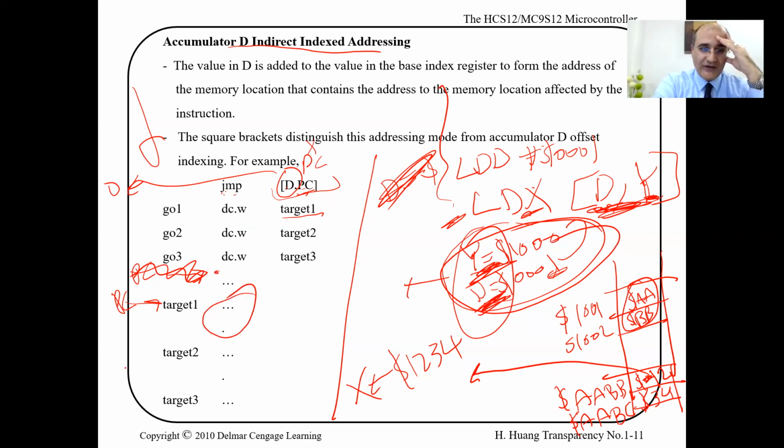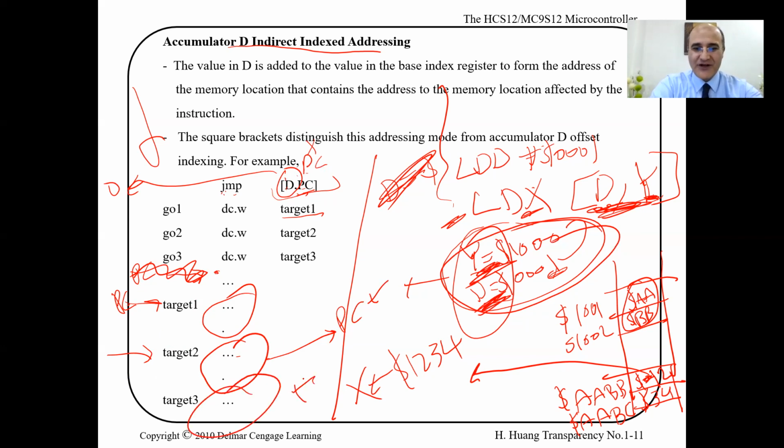If D was 1, I'm going to add the contents of the program counter that is pointing here plus 1, here. You get this address as your new target of program counter. If D was 2, then this is your address where you're going to make the program counter go.